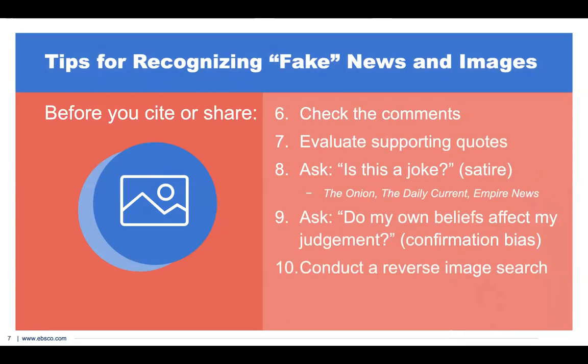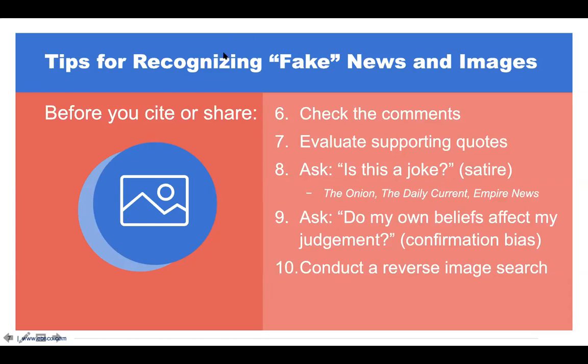Number 6 is checking the comments. If this is a news story of any kind, then you definitely would want to check there. If there are a lot of comments, it doesn't matter what kind, but if it has a comment section, there might be a little bit of confirmation bias thrown into that source.